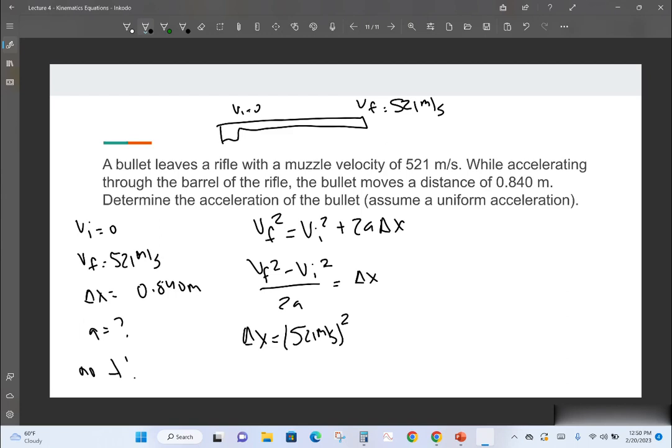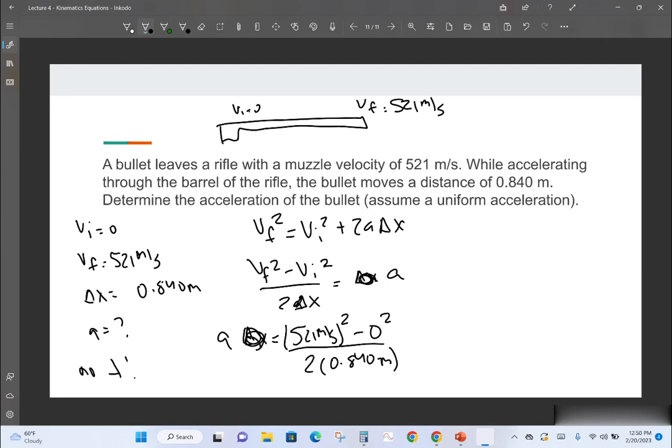Notice that I'm putting my units in, minus 0 squared, all over 2 times delta x and a. I'm finding a this time, times 0.840 meters. So let's do this. 521 squared divided by the quantity 2 times 0.84.